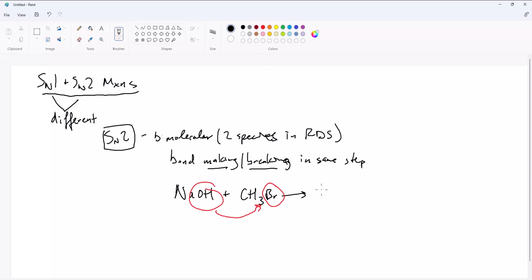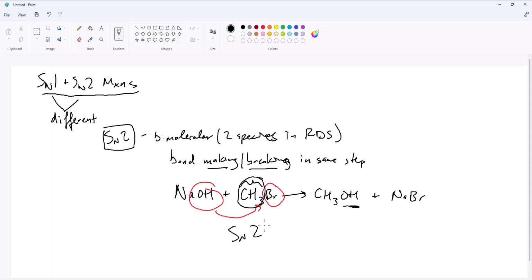So what we're left with is CH3OH as our substituted alcohol, and we are left with our countersalt of NaBr. So this would be an example of an SN2 type mechanism. We know from Chapter 5 that something like a methyl substituted alkyl halide is going to do an SN2 mechanism because it favors SN2 over SN1.